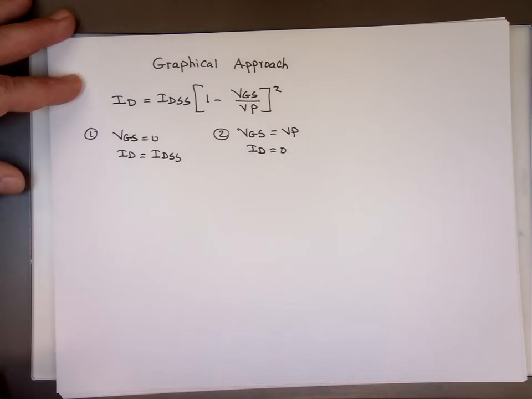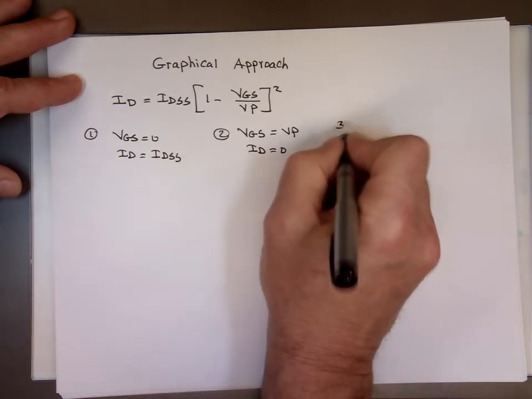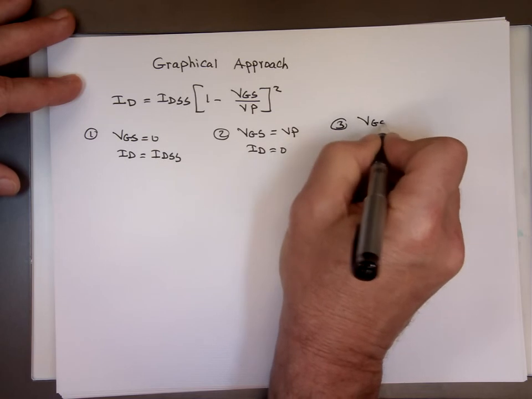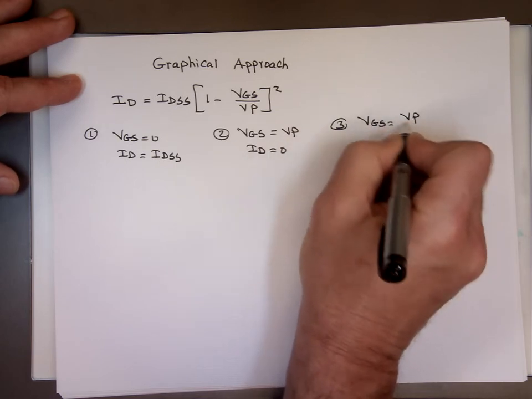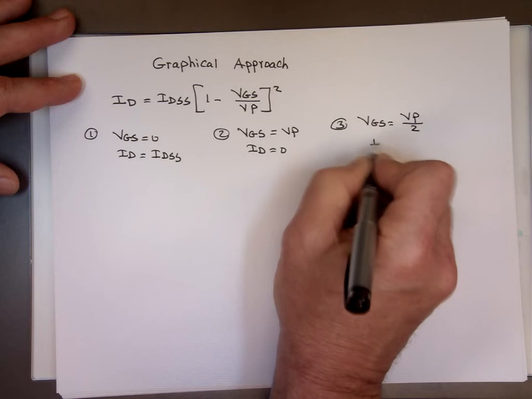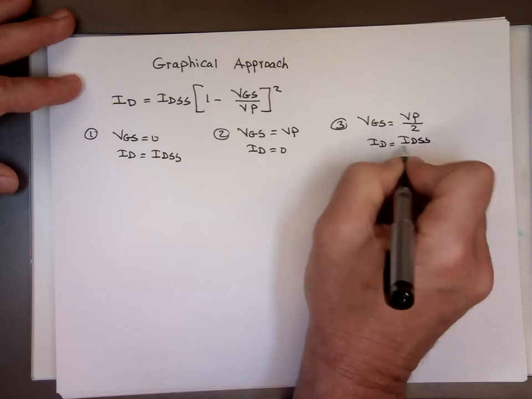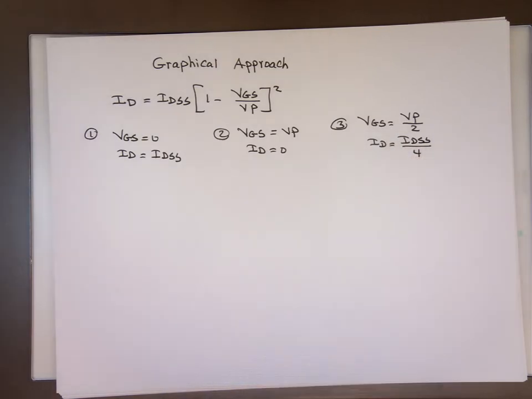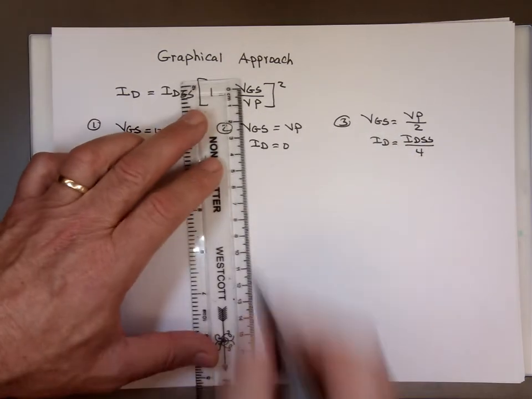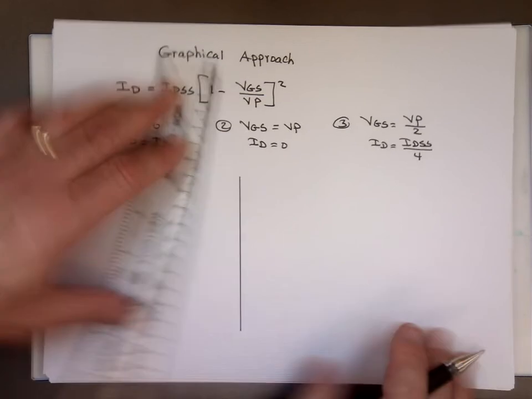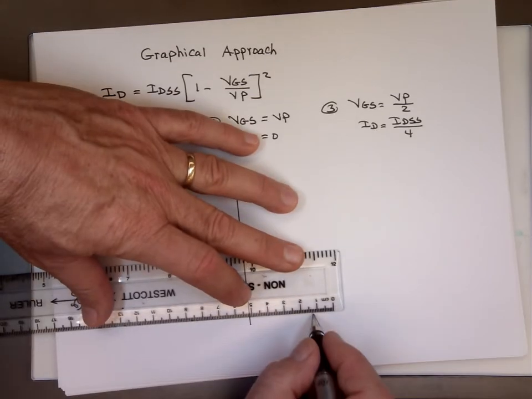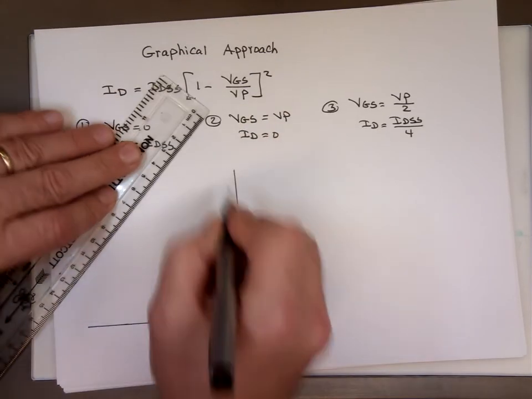And when VGS was VP over 2, I sub D was I sub DSS over 4. So these are my 3 points I'm always going to graph to find my current, or the graph of I sub D versus VGS.